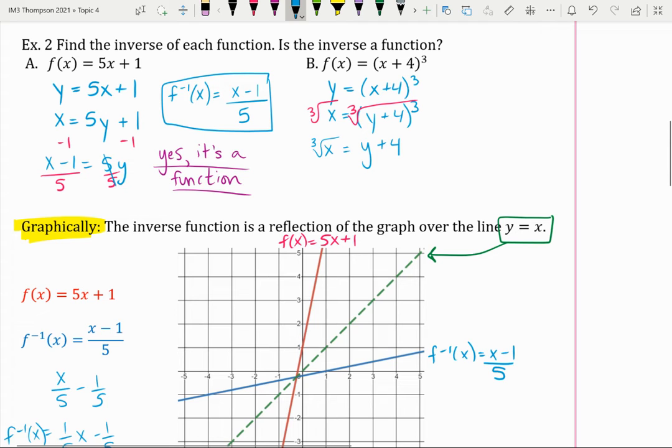Raising something to the power of 3 and taking the third root are inverse operations. And then just subtract 4. Now the minus 4 does not go underneath the radical. It's outside of it.